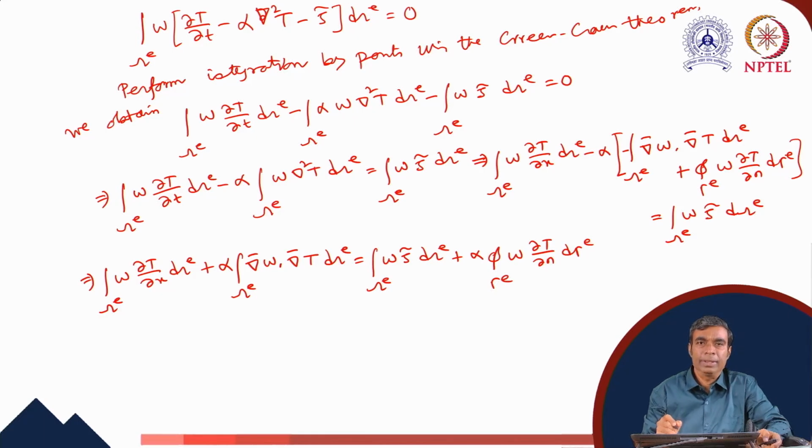Now this is the weak form of the given transient heat conduction equation.